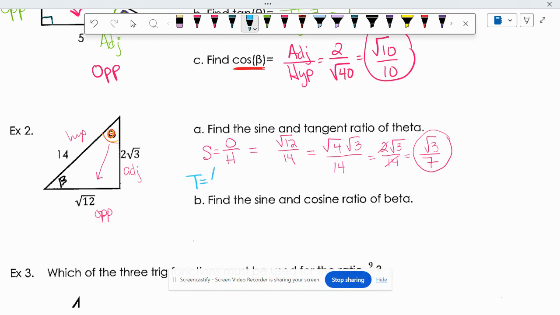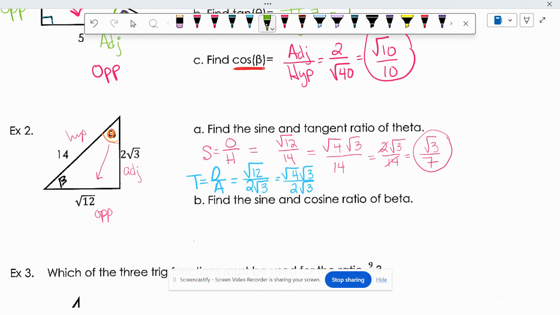But I also have to find the tangent. Tangent is the opposite over the adjacent. So my opposite side, square root of 12, over my adjacent side, 2 root 3. I'm going to break up the square root of 12 as the square root of 4 times the square root of 3 over 2 times the square root of 3.